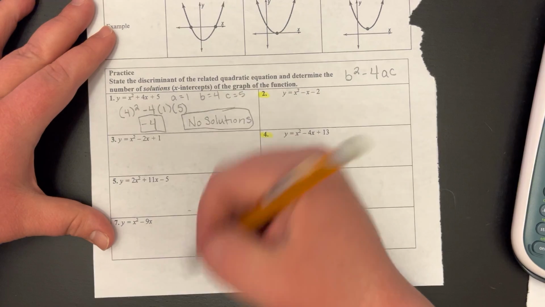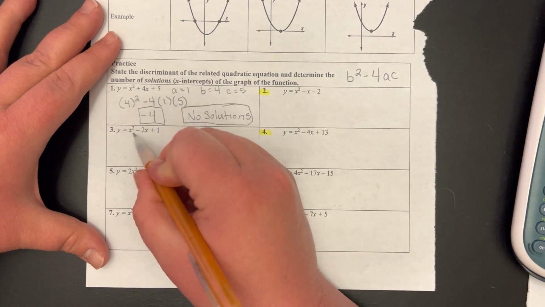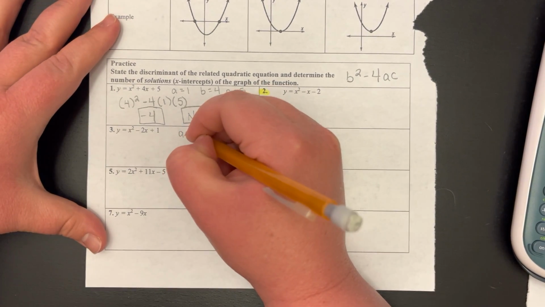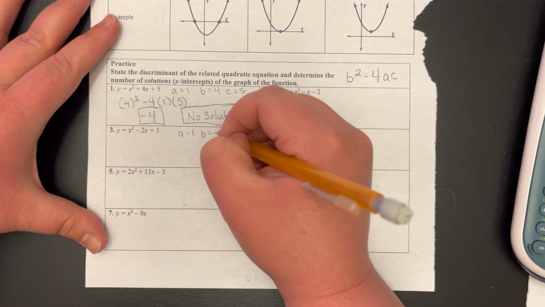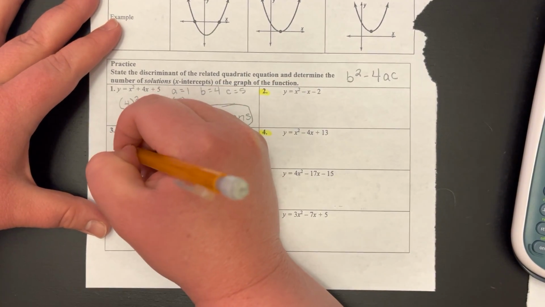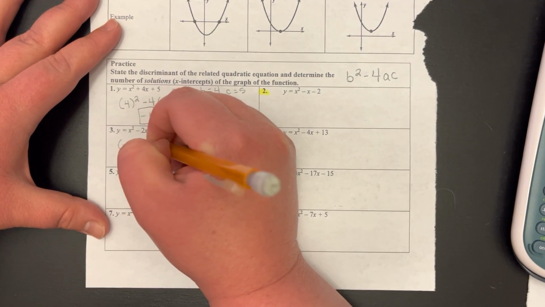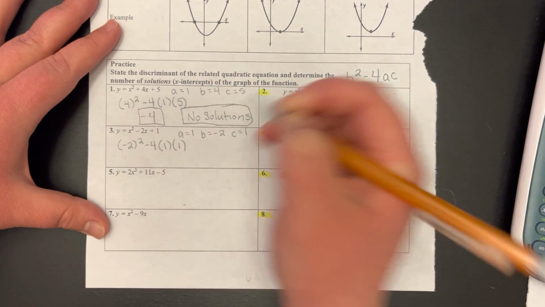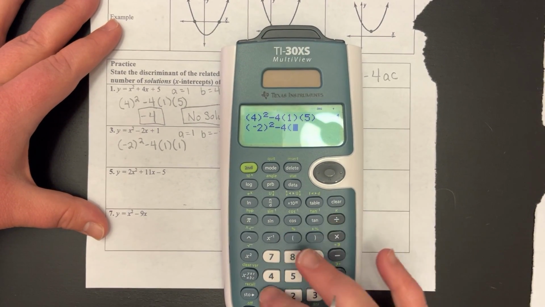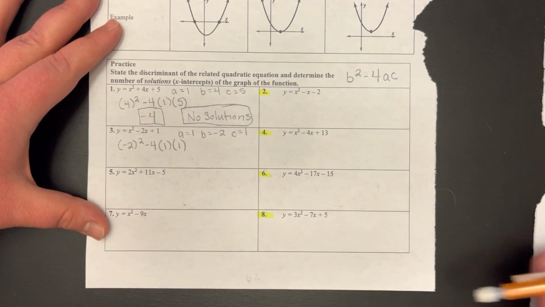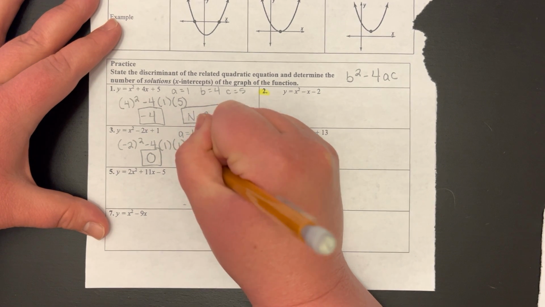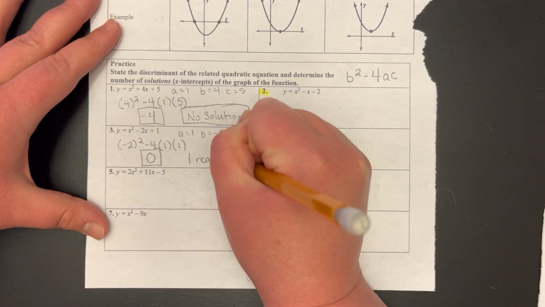All right. We're just going to do the odd ones. So number 3, everything is on the correct side. I don't need to move anything over. So a is 1, b is negative 2, c is 1. All right, so b squared means negative 2 squared minus 4 times 1 times 1. Which is 0. So this is my discriminant. 0 tells me that there is one real solution, or one solution.